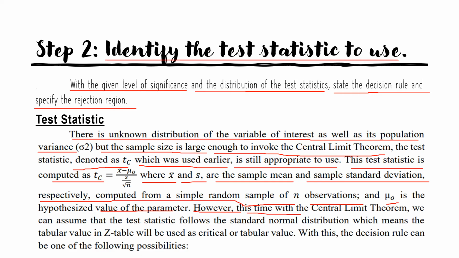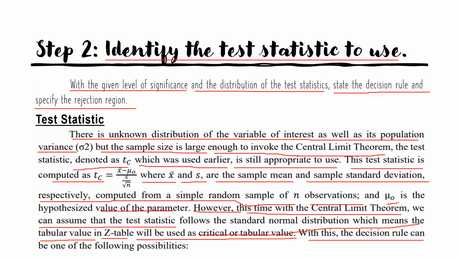However, this time with the CLT, we can assume that the test statistic follows the standard normal distribution, which means the tabular value in the Z table will be used as the critical or tabular value.